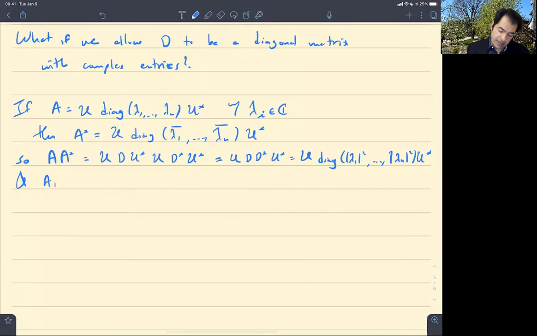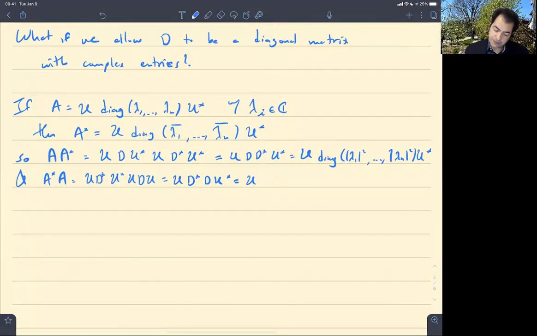So if I had done A star A instead, this would have looked like U D star U star times U D U star. Again, the U star U in the center there becomes the identity, so I don't have to write it down. And I end up with U D star D U star, and then that's U diagonal lambda 1 modulus squared through to lambda n modulus squared, and then U star.